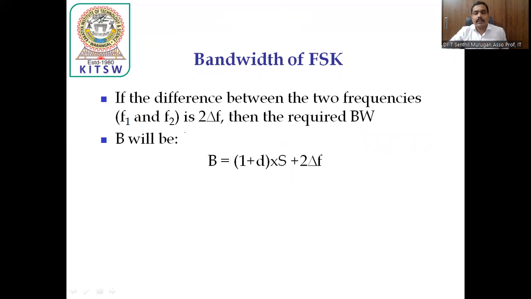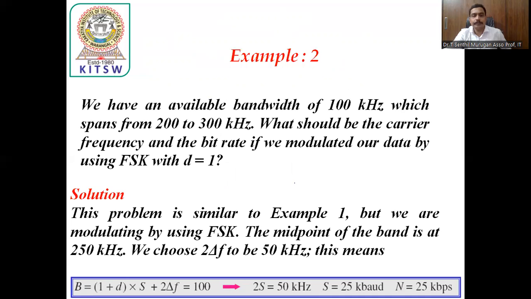So when we are thinking about frequency shift keying, the bandwidth equals (1 plus D) into S plus 2 delta F. So what is 2 delta F? Whenever F1 and F2 are there, adding them, finally we are saying 2 delta F.